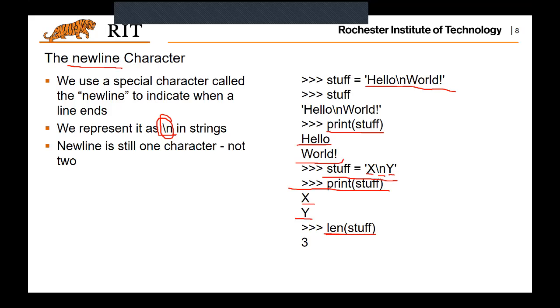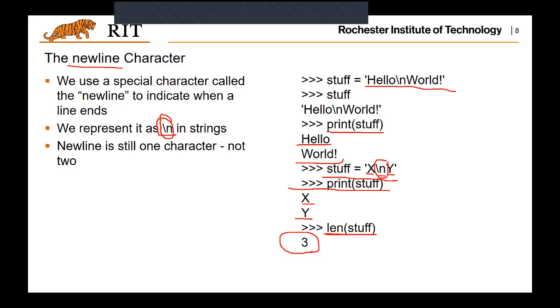And if you measure the length of this string, the length will be 3. So that means even the \n takes space. All right, that's the new line character.